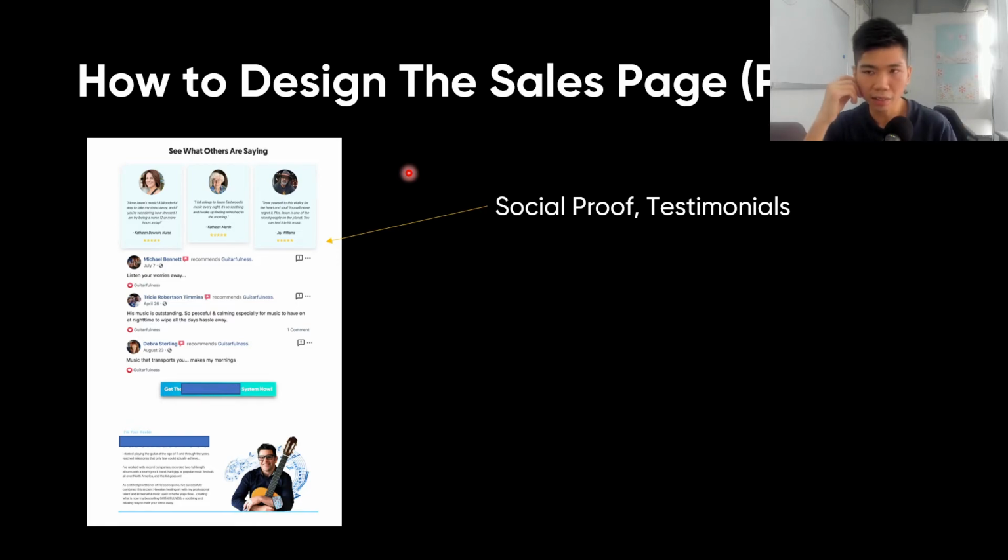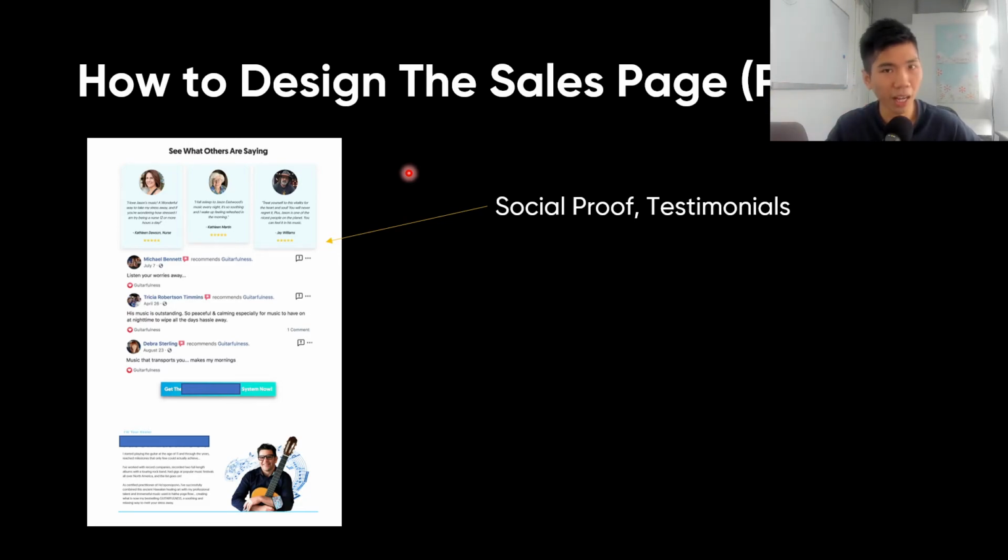Some of the people didn't buy, not because they don't trust you, it's because they don't trust themselves. If they see the same type of people in the social proof, it's a connection.